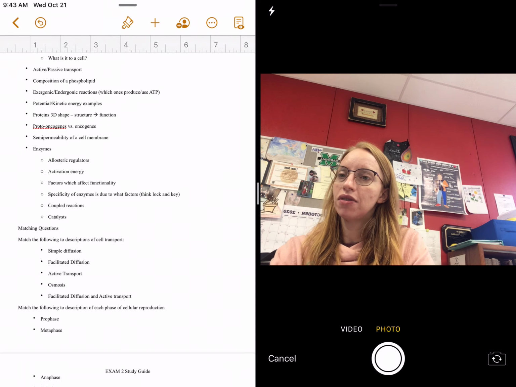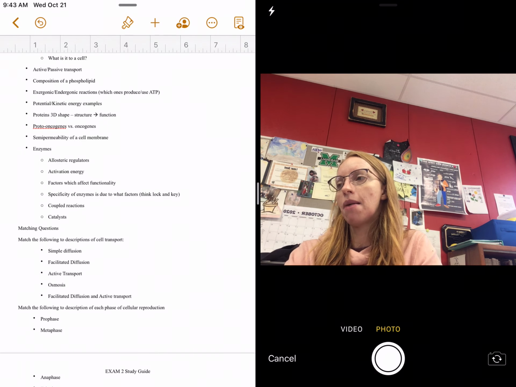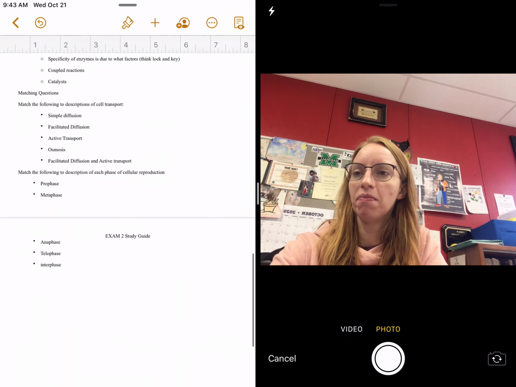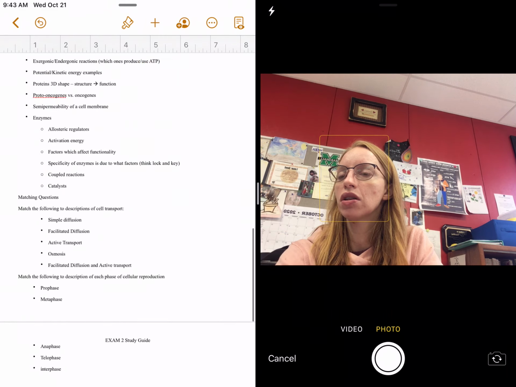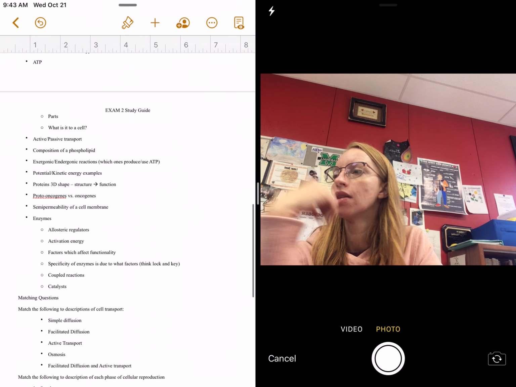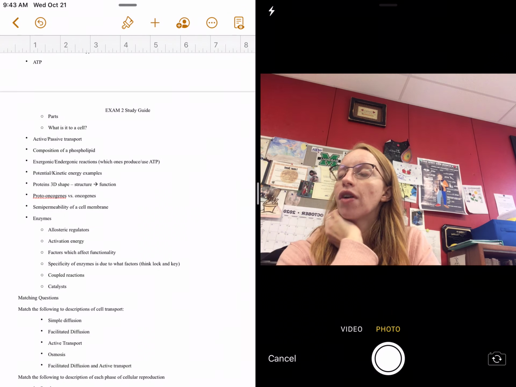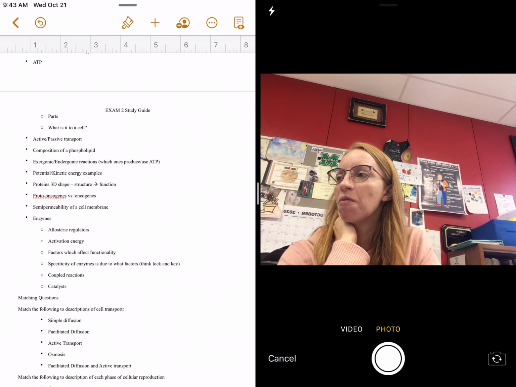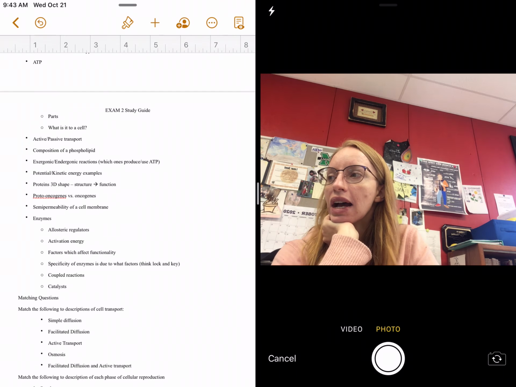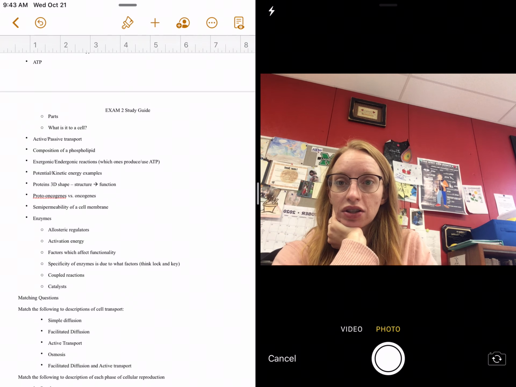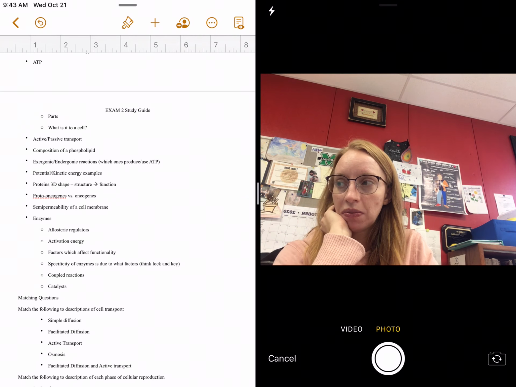The other thing you have to do with active and passive transport is a matching, and I think that's down at the bottom. Here it says match the following cell transports to their descriptions. So you've got simple diffusion, facilitated diffusion, active transport, osmosis. And gas movement, such as carbon dioxide and oxygen, occurs by simple diffusion.